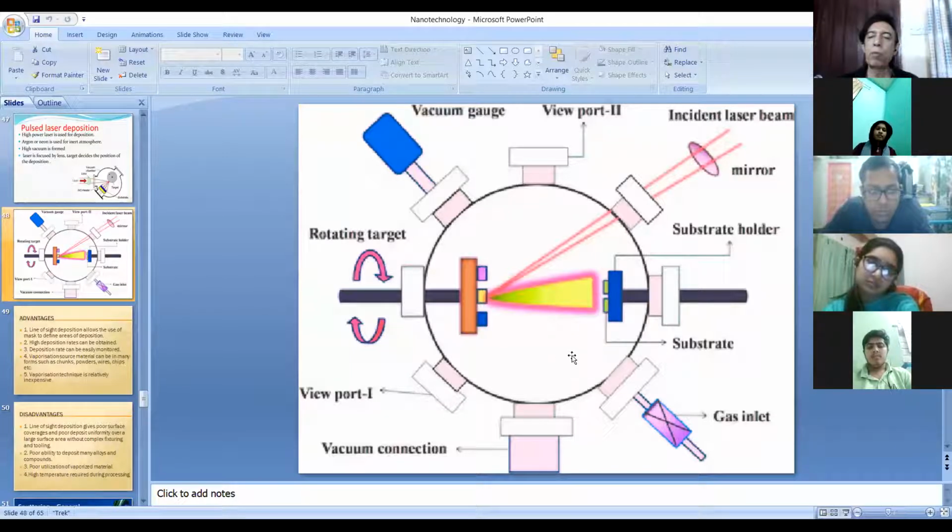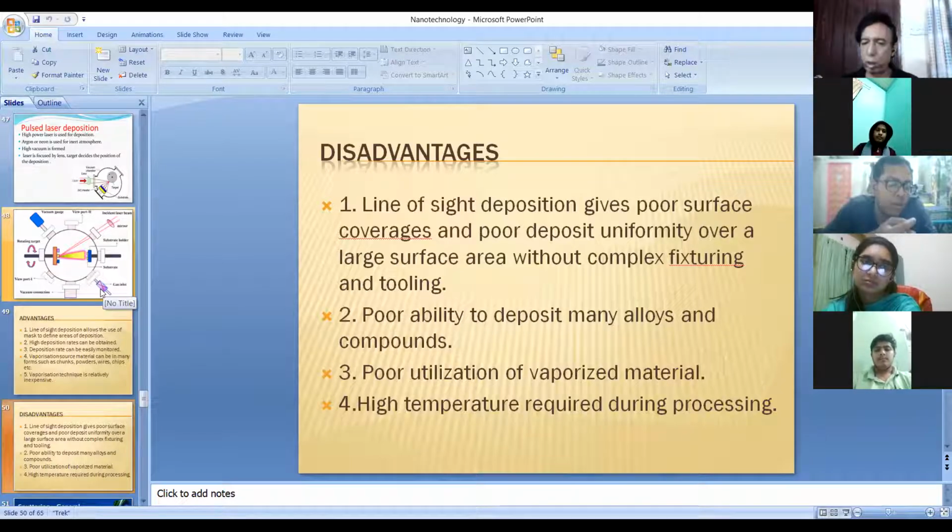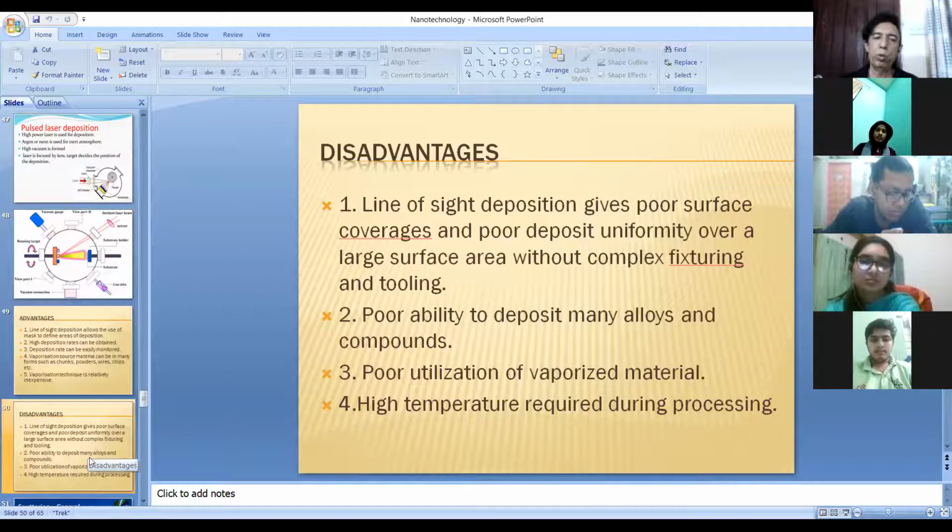So there is some loss of your target material when it goes to places other than the substrate. And high temperature is required during processing. You have to deal with high temperature when you want to make this type of thin film.